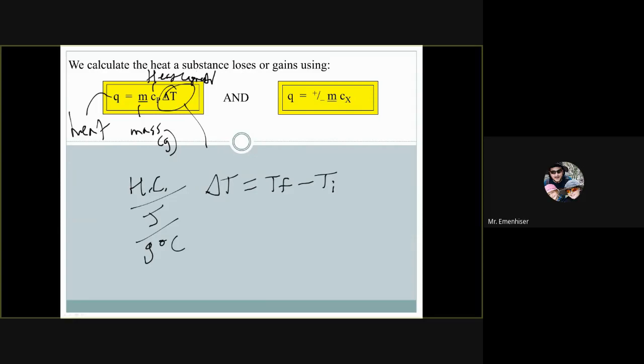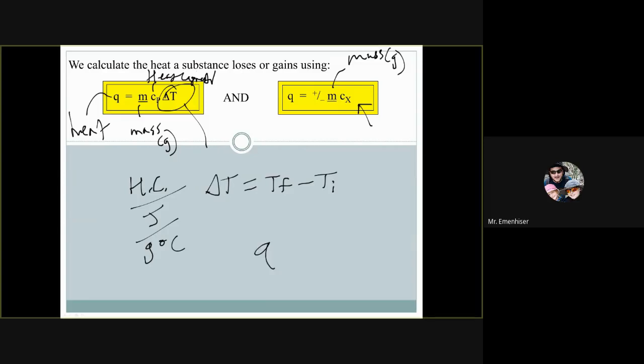Okay. Now this other heat one says Q is equal to positive or negative. So it could be a positive or negative at the front, depending on what we need, times the mass, again in grams. And then this is going to be the heat of fusion.